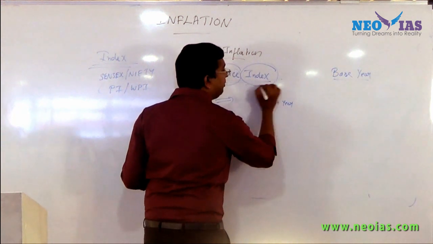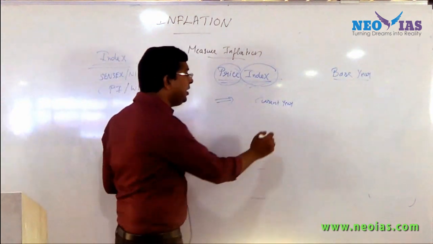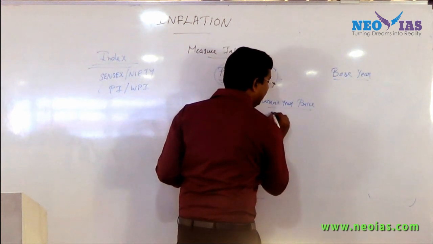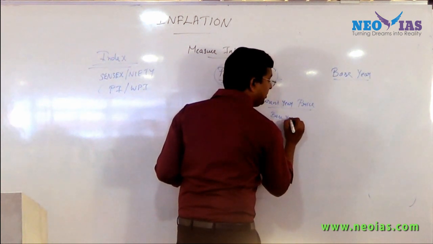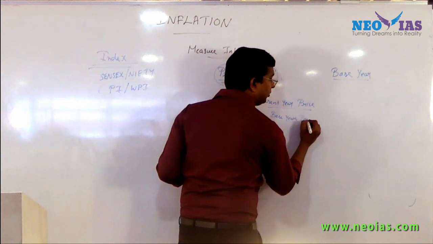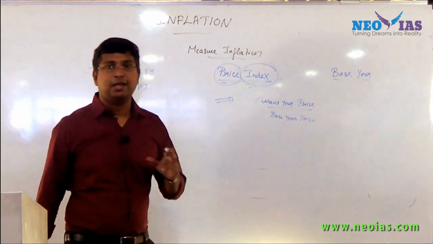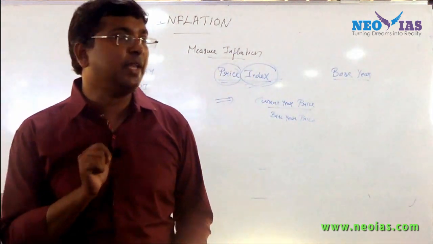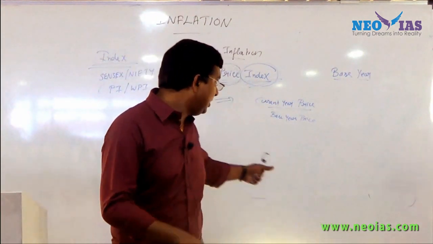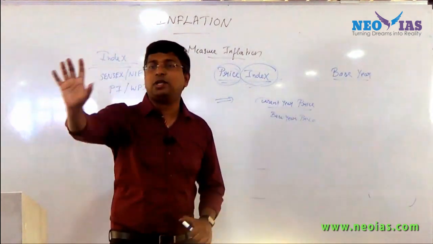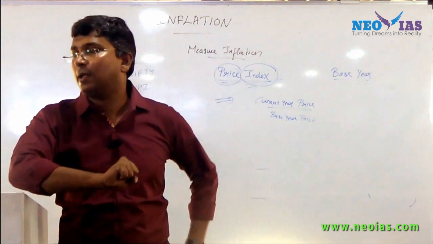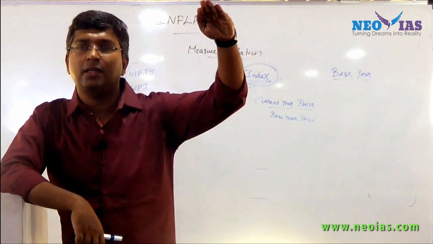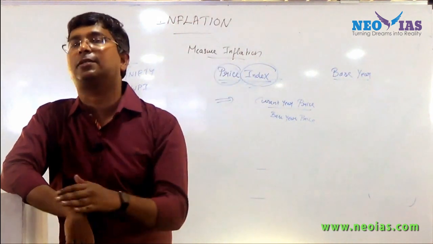Current year price divided by base year price will give you the current year price index. So the base year is mainly used to calculate what? By using the base year, we can calculate the price index of all the years.